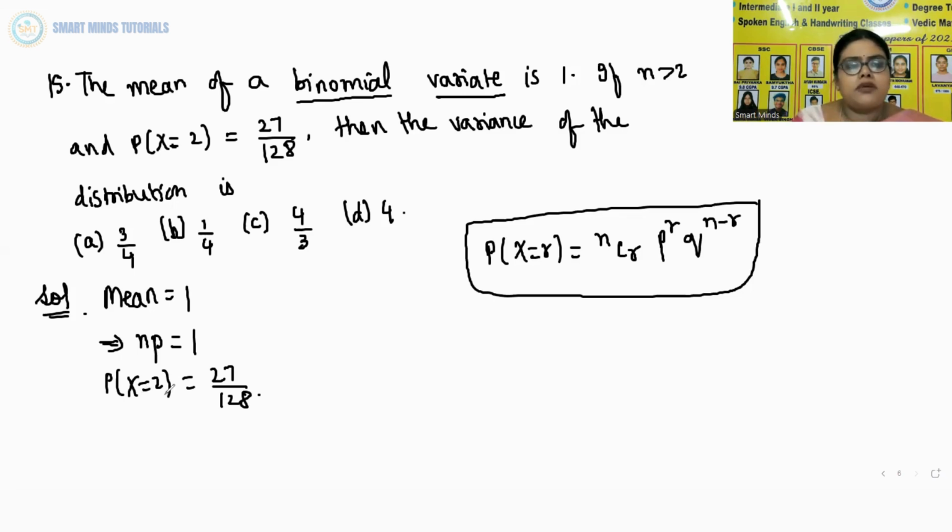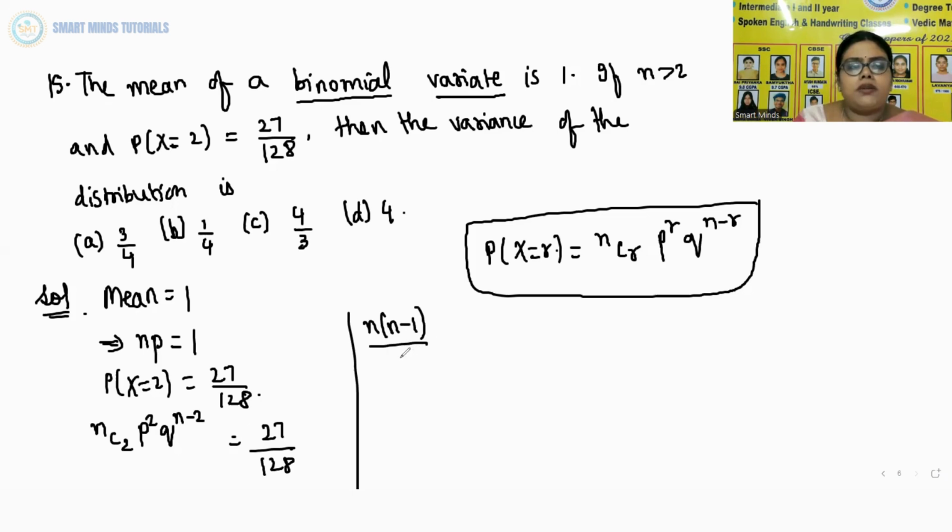So P of x is equal to 2 means in the place of r, you take 2. So that is NC2 P power 2 Q power n minus 2. We don't know what is n. That is equal to 27 by 128. Now what is NC2? NC2 is n into n minus 1 by 2 factorial into P square into Q power n minus 2 is equal to 27 by 128.